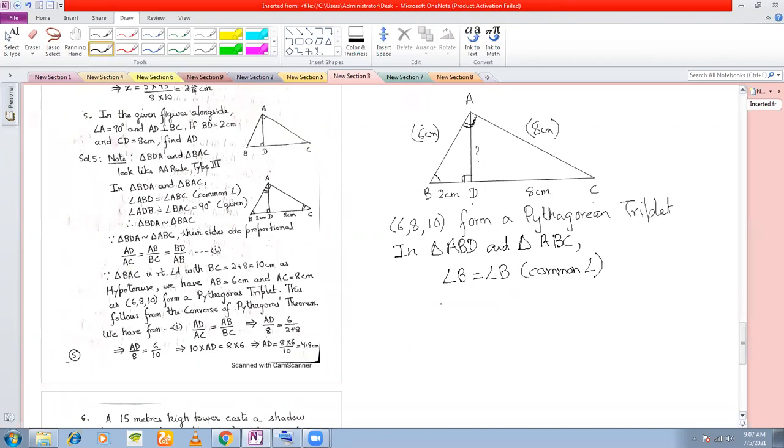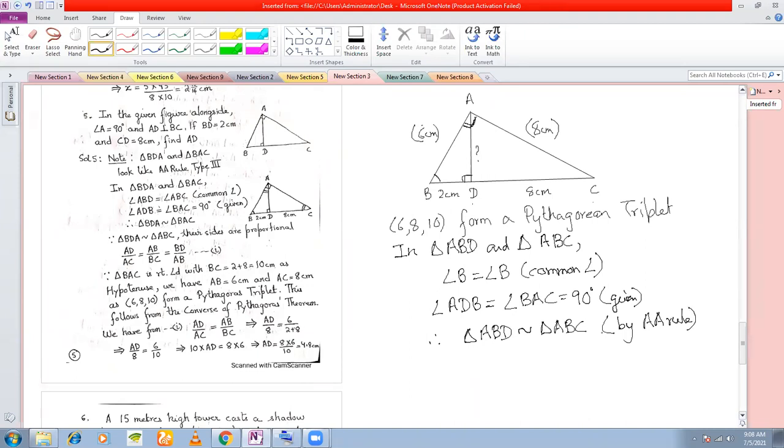And since we are writing the smaller triangle first, so angle ABD, which is the right angle triangle for angle ABD, it is angle ADB is equal to angle BAC equal to 90 degrees. This is given to you. Therefore, what can you say? Triangle ABD is similar to triangle ABC. This is by AA rule.